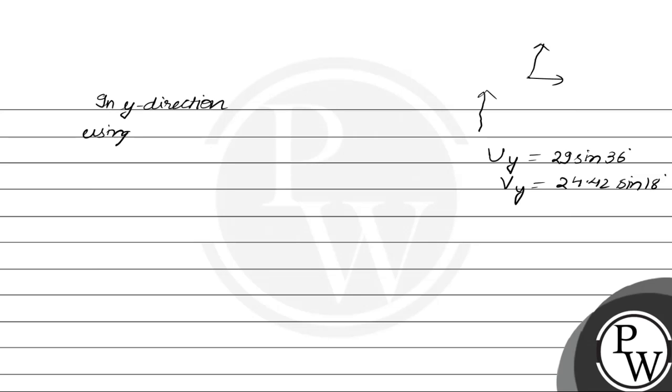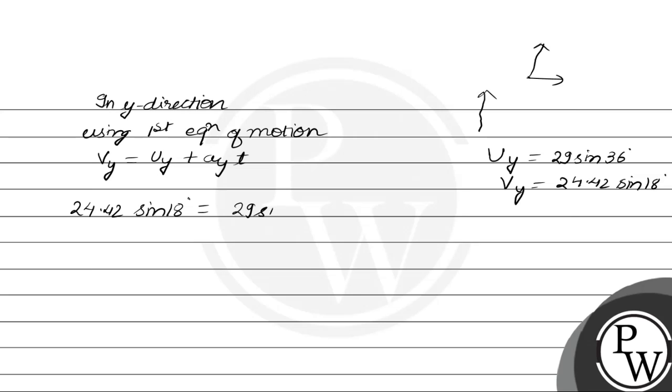So students, in y direction, using first equation of motion, we can write final velocity in y direction is initial velocity in y direction plus acceleration in y into time t. So final velocity we calculated is 24.42 sine 18 degree equals to initial velocity 29 into sine 36 degree.